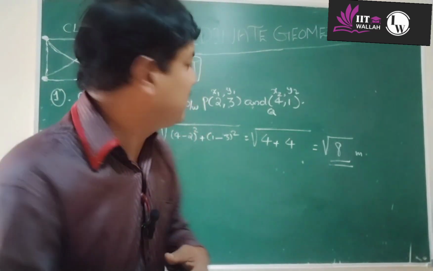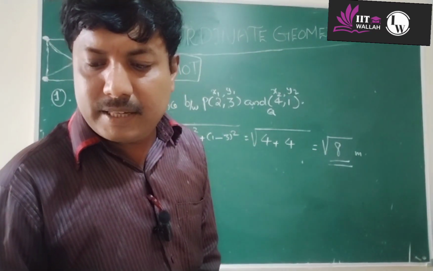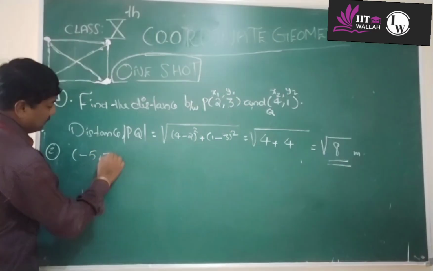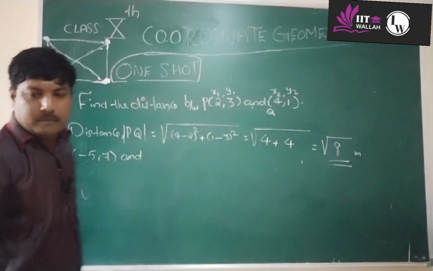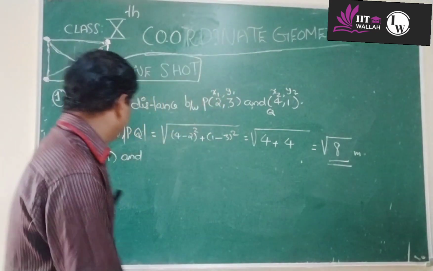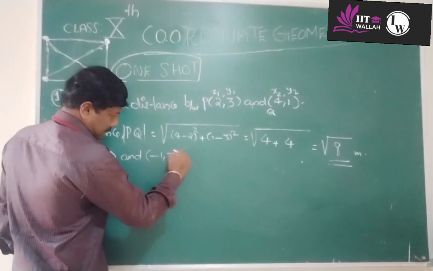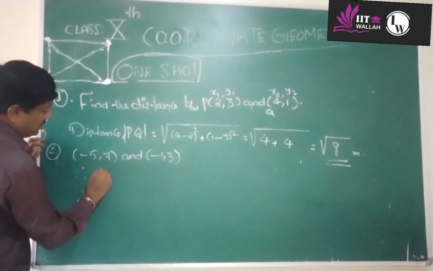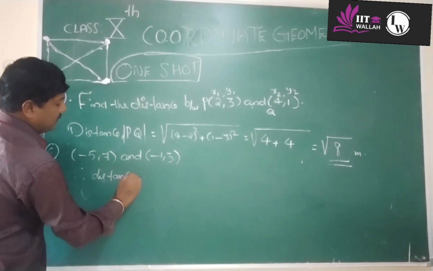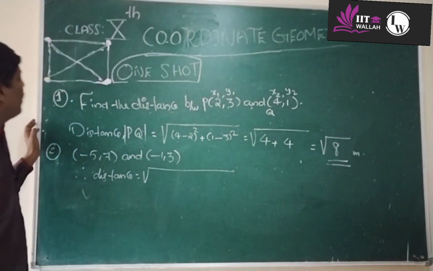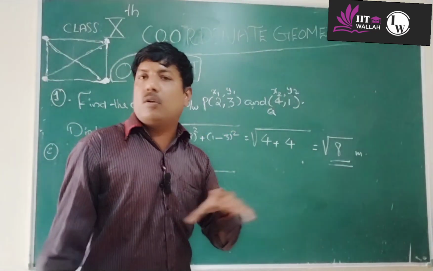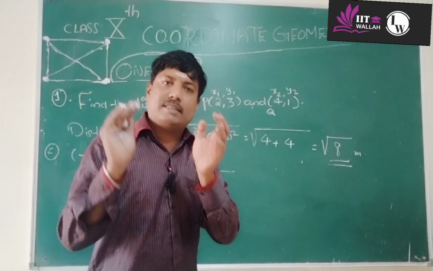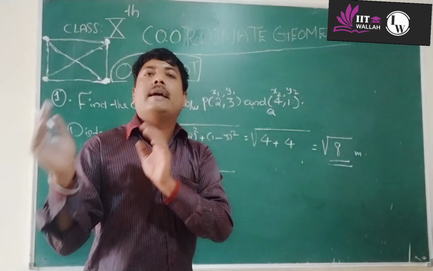Now we will consider other points. Second one, minus 5, 7 and minus 1, 3. We want to find the distance between these. Therefore, distance is equal to root of, everywhere you can repeat the formula if you want: root of x2 minus x1 whole square plus y2 minus y1 whole square.